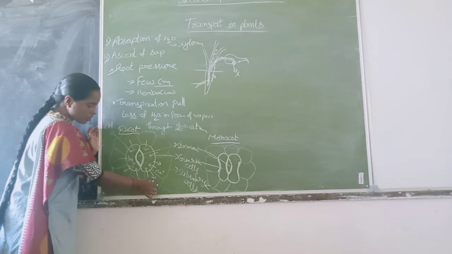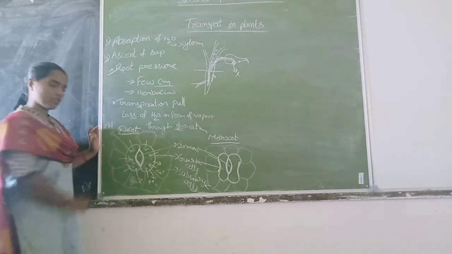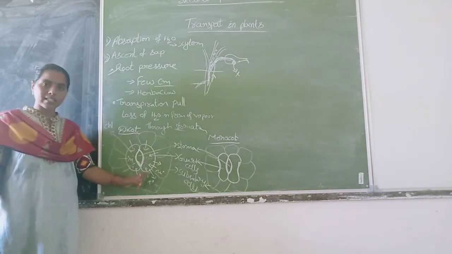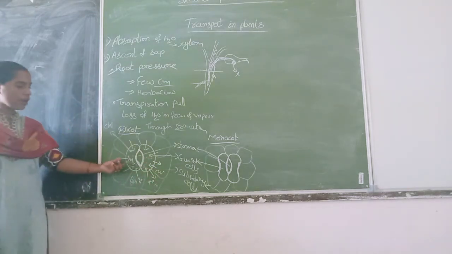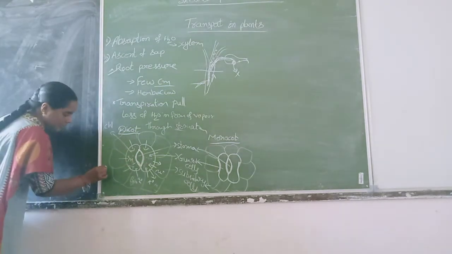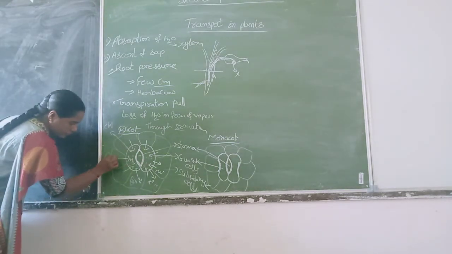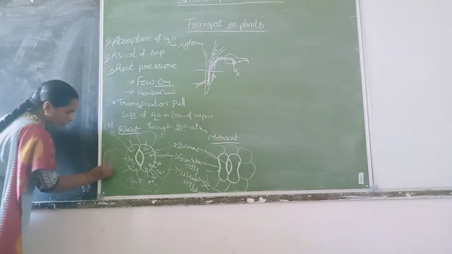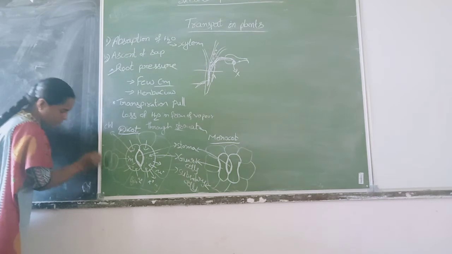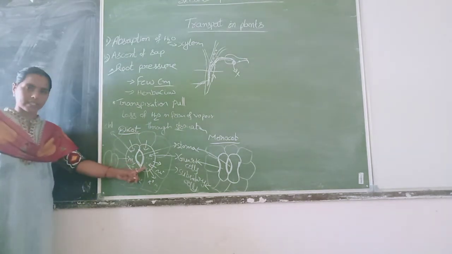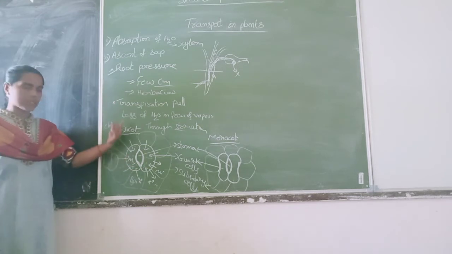Here high concentration will form and here low concentration. So from the guard cell, water releases into the neighboring cell. So automatically these stomata cells will become like this. So the stomatal aperture will close due to the loss of water from the guard cells. So automatically transpiration will stop.